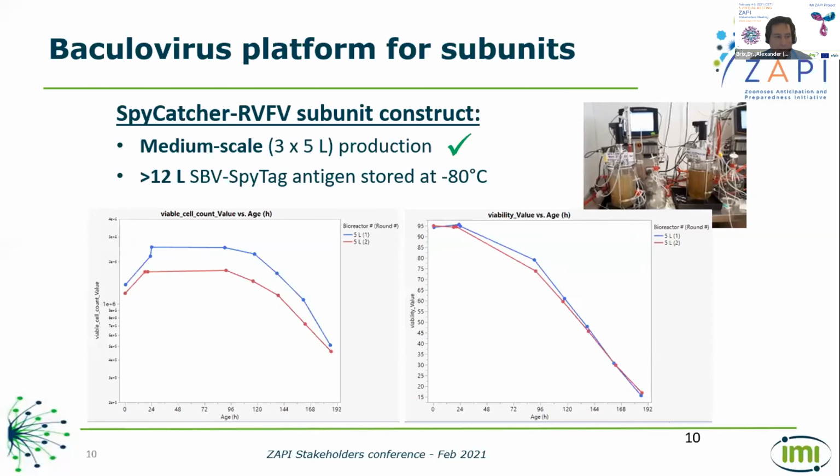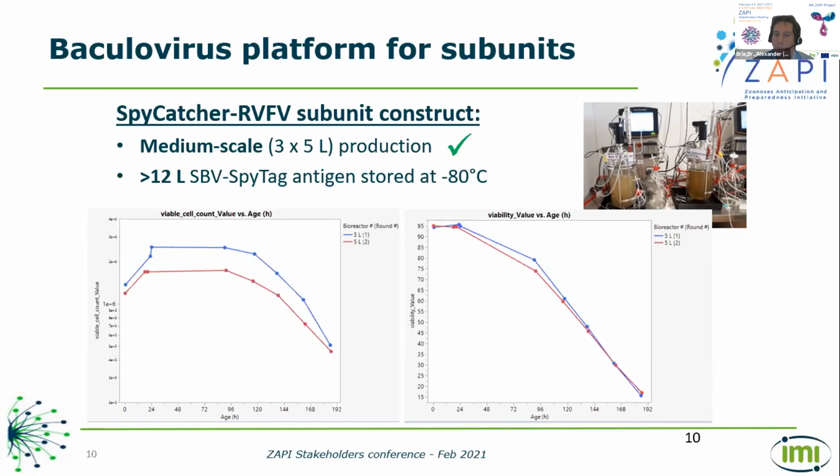Same story for the Rift Valley. I mentioned before we had seed passage questions or decrease in antigen production with seed passages. That didn't mean that we could not produce anything. We couldn't use high passage seed, but we could still use low passage seed. So we also did that 3 times at the medium scale for 5 liters, and basically the results are similar.